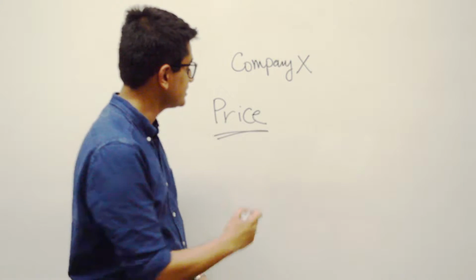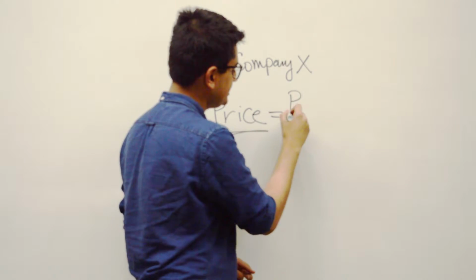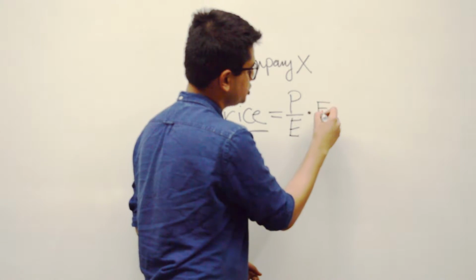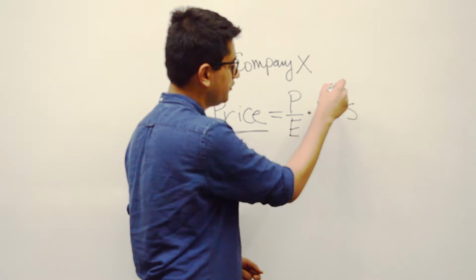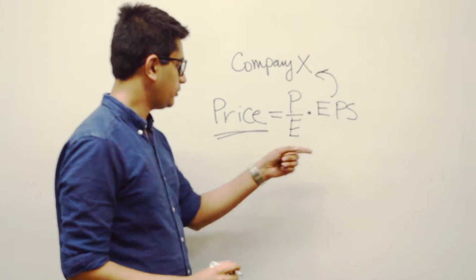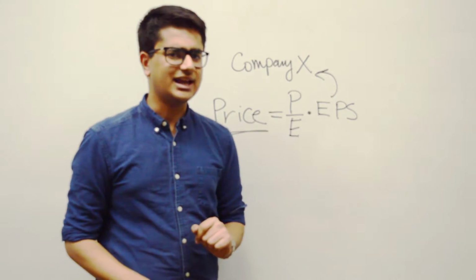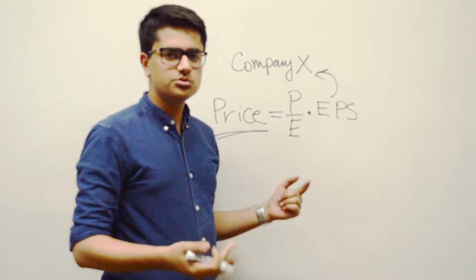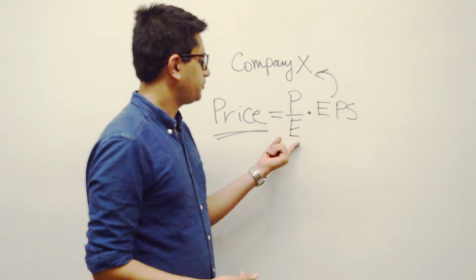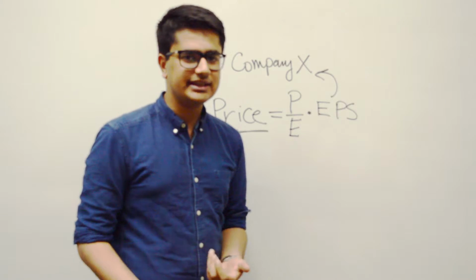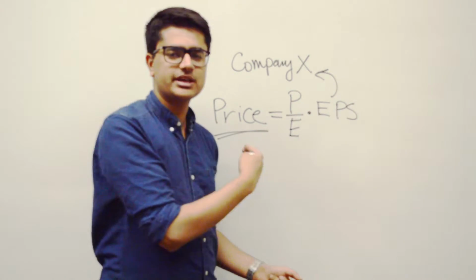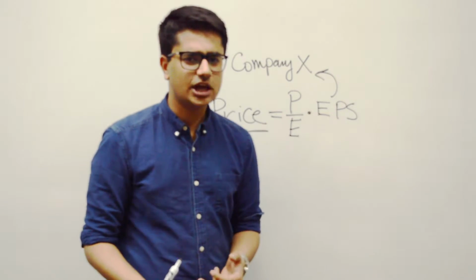So we multiply the PE ratio times the earnings per share of company X, and that will give us the price of company X. But if we actually use the company's own data, price over earnings, that won't give us anything useful. The EPS cancel, and you just get price equals price, which doesn't help us at all.